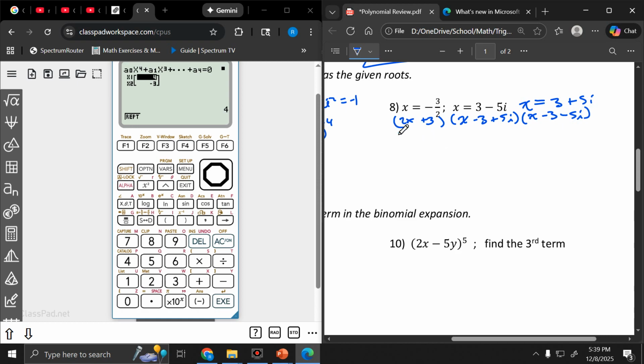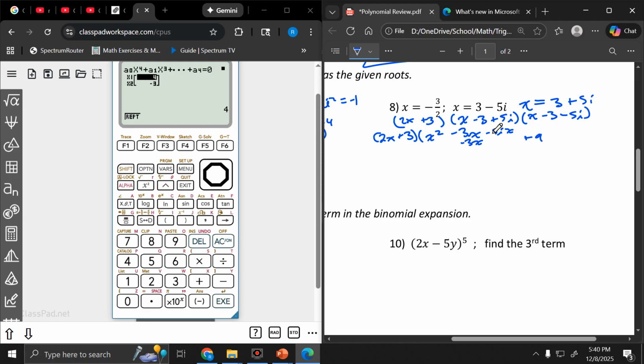And now I do have a bear of a thing to multiply. So I copy down the 2x plus 3, and then x times x is x squared. x times that is minus 3x. And then I actually can ignore the 5ix, but I won't. But I can ignore it because I know it's going to cancel in the end, because I shouldn't have any i's in my answer. Now I do negative 3, so negative 3x, I'm just going to line that up right here. Negative 3 times that, that's plus 9.